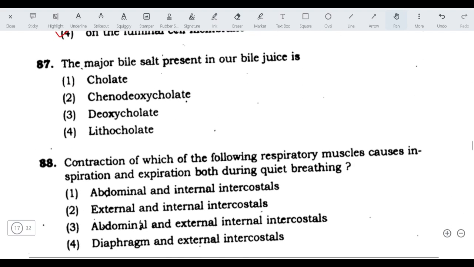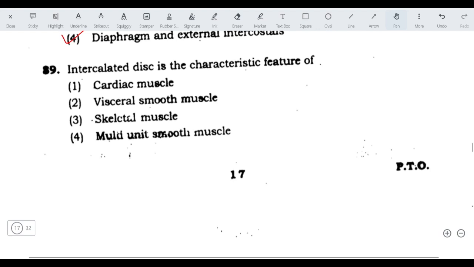Small intestine. It is present in juice, also folate. So, this question: inspiration and expiration both have external intercostal, interconnected is a characteristic feature of cardiac.